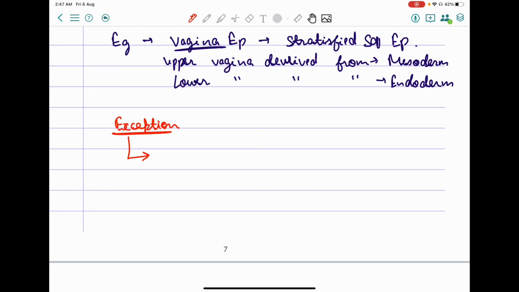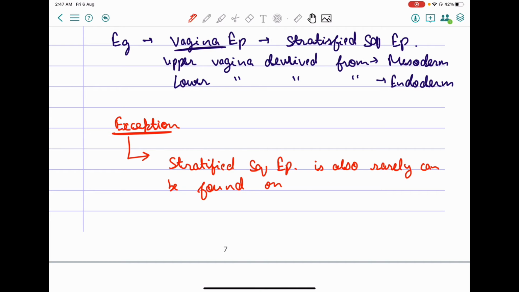That stratified squamous epithelium can also rarely be found on an internal opening.